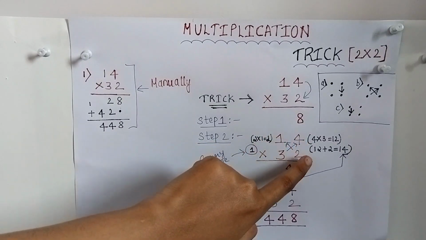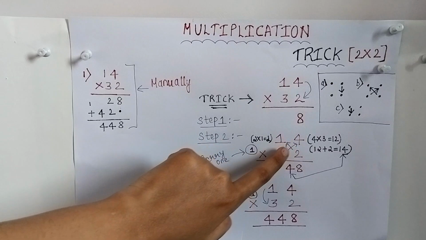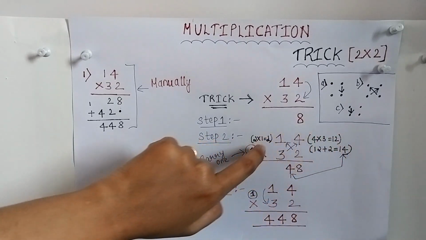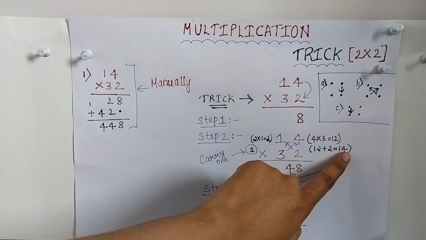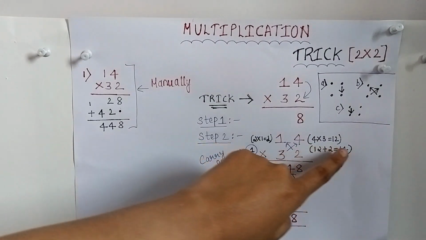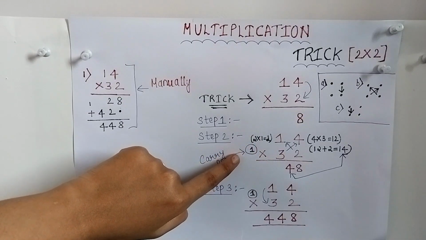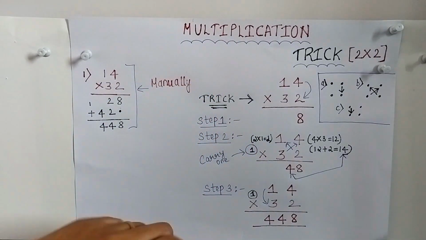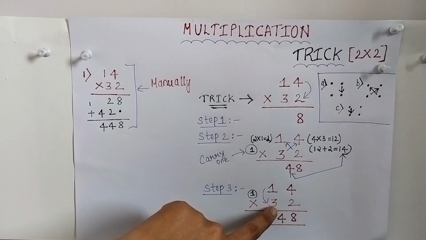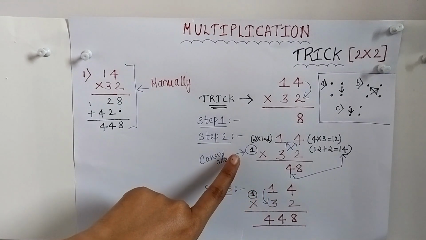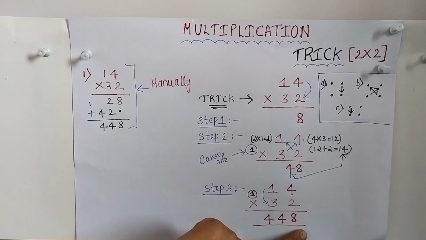Okay, opposites. 2 into 1 will give you 2, 4 threes will give you 12. Okay, and then you need to add 12 plus 2 will give you 14. Okay, and that unit digit you need to write here 4 and carry 1. Okay, in step 3 you need to write 1 into 3, that will give you 3 plus carry 1 was there, so that gives you 4, that is 448.